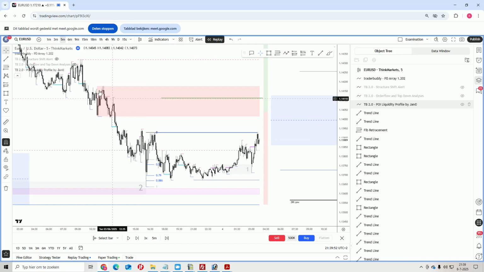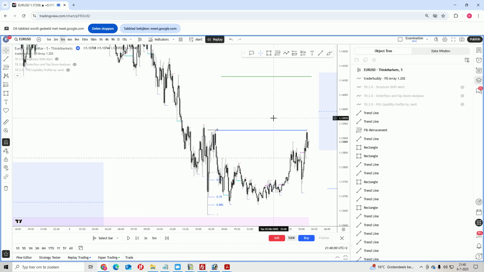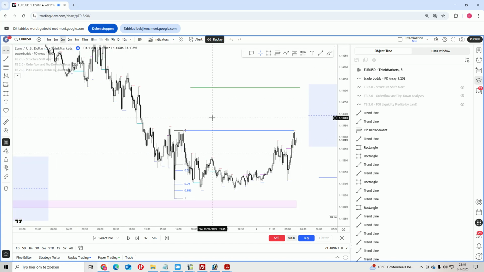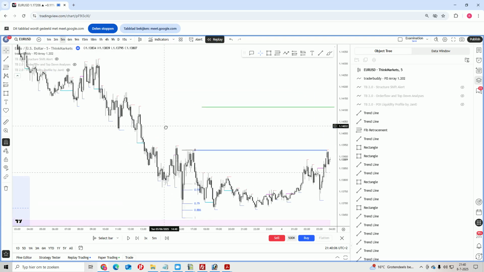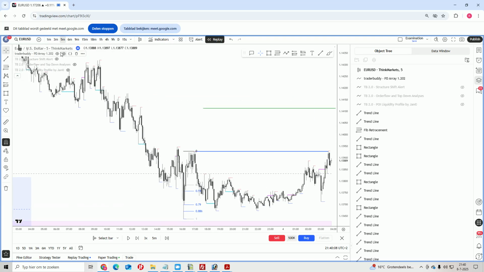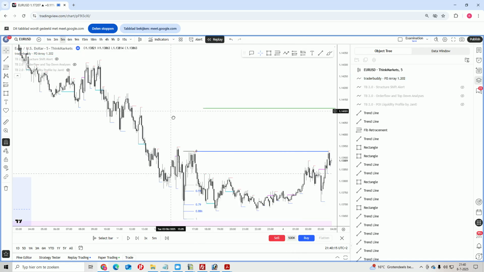The higher time frame PD array also indicates that there is a higher time frame PD array here, but the PD array indicator also shows, if you show all the breaks, so not only the last, I'll go back so you know what I mean, but if you show them all, what is it indicating?